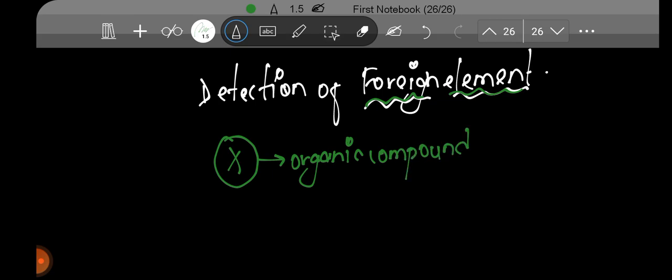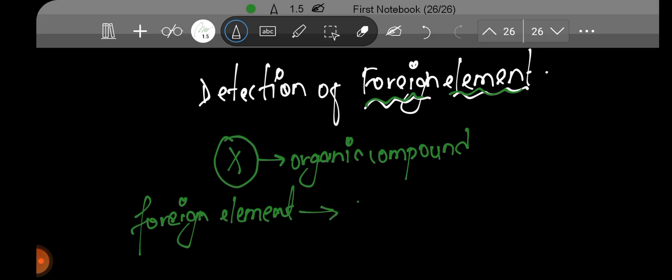And what do we understand by foreign element? Foreign element generally can be understood as nitrogen, sulfur, or halogen.